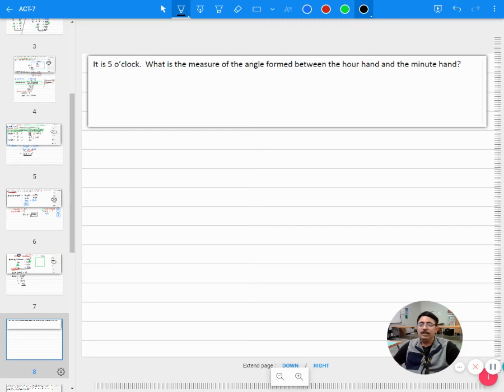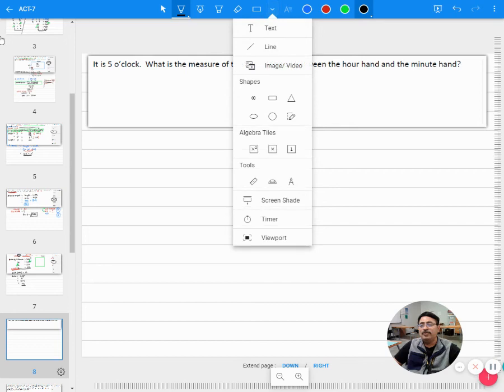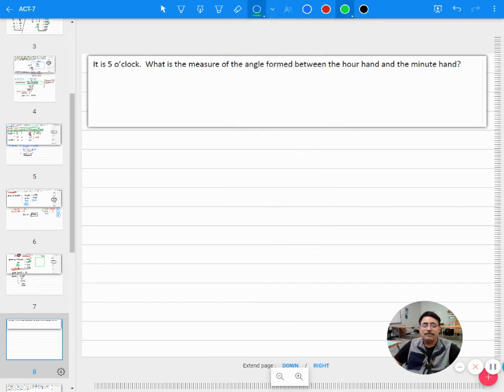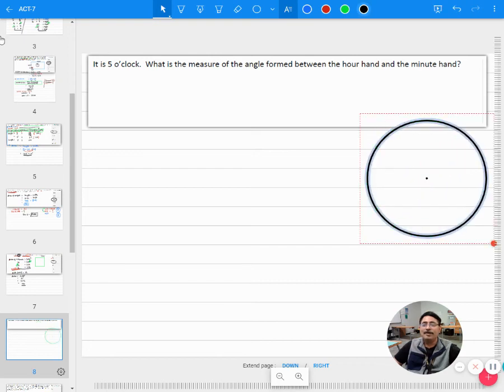Okay. It's 5 o'clock. What is the measure of the angle formed between the hour hand and the minute hand? So let me draw a nice clock.